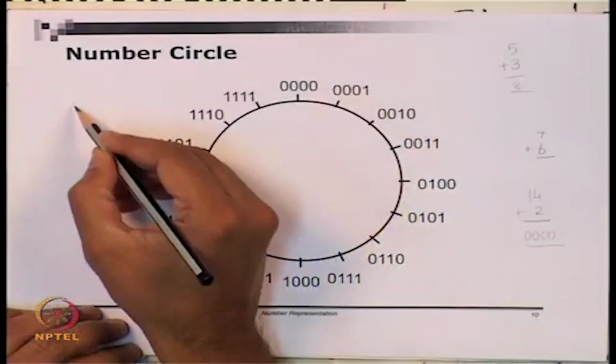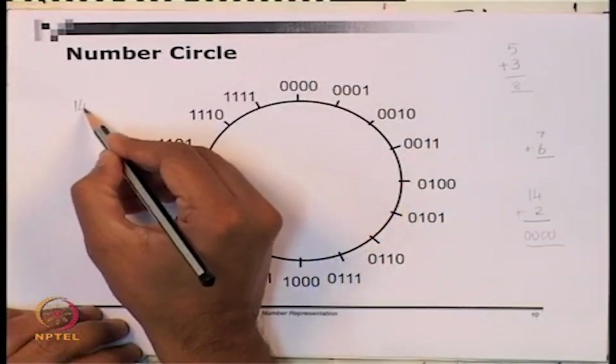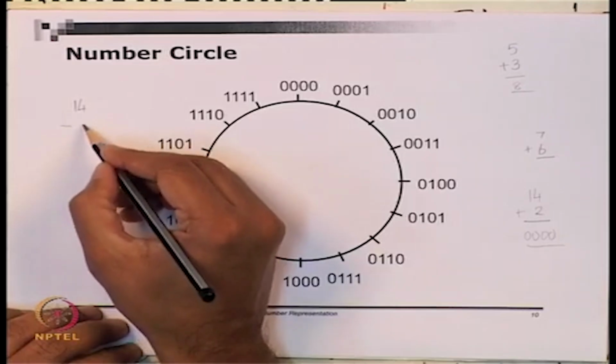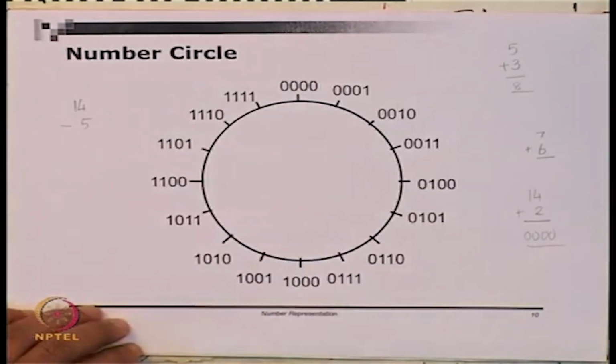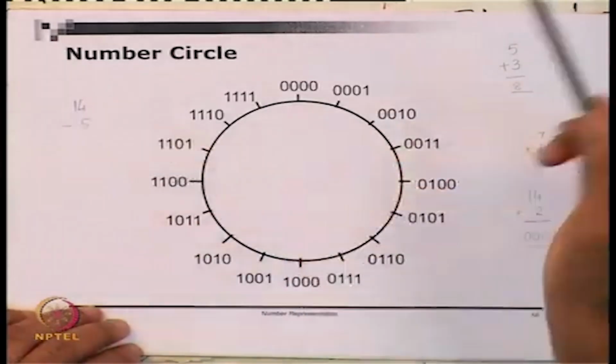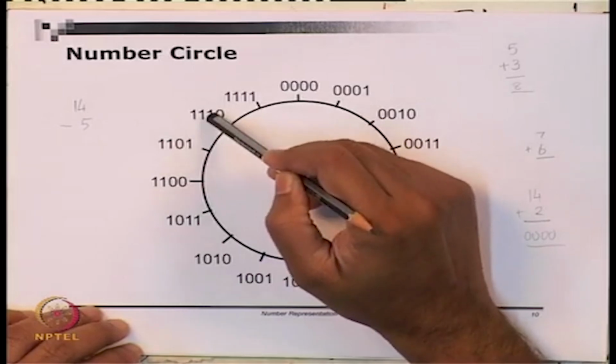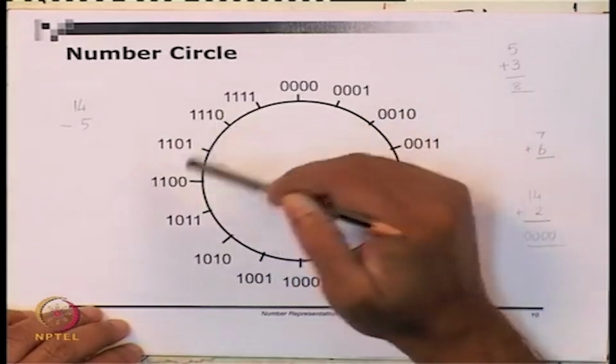So, I want to do something else. Let us say I want to do number 14 minus 5. I want to do subtraction. One thing you can do is start from 14 and go 5 steps in the counterclockwise direction.